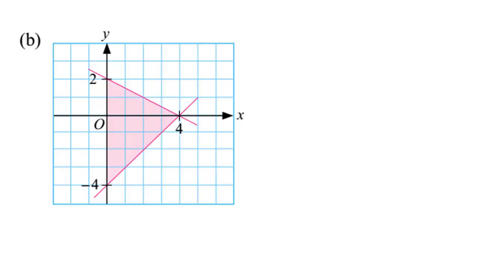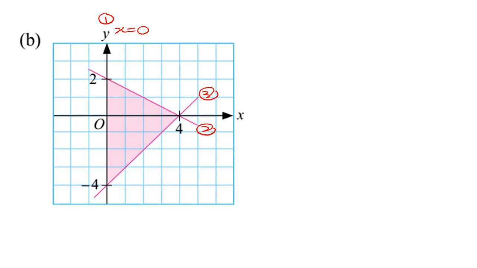First we have to identify 3 straight lines. The first one is the y-axis. The equation for the y-axis is x equals 0. This is the second line and the third line.